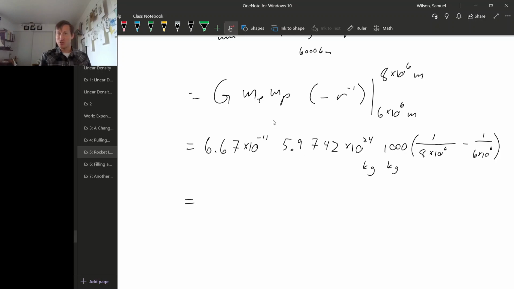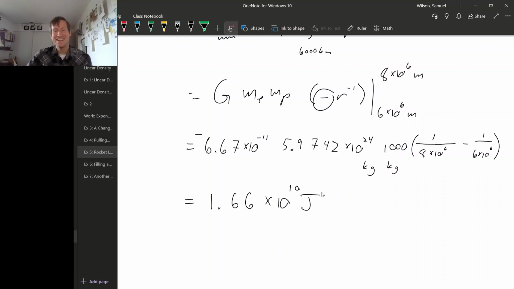Okay, and I dropped this minus sign, so this whole thing comes out negative, but I need another minus sign in front, which flips it all to positive. So I get 1.66 times 10 to the 10th. And this is in joules.